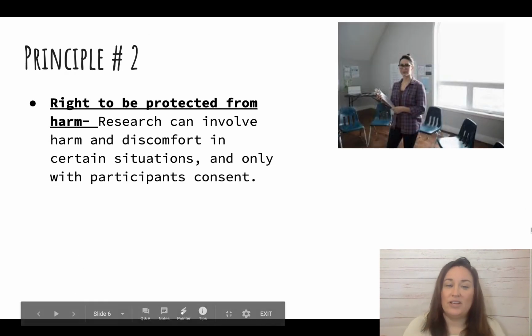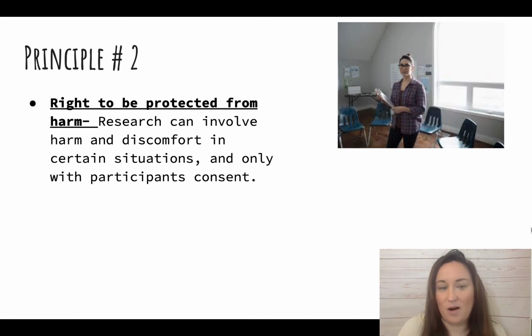Principle 2 is the right to be protected from harm. So again, you're informed of any risks, but also the researchers have to make sure that they're not doing anything that can cause, obviously, physical or psychological harm to the participants or some sort of discomfort. Maybe in your study they're going to have a rubber band on their hand that they have to slap against their wrist.